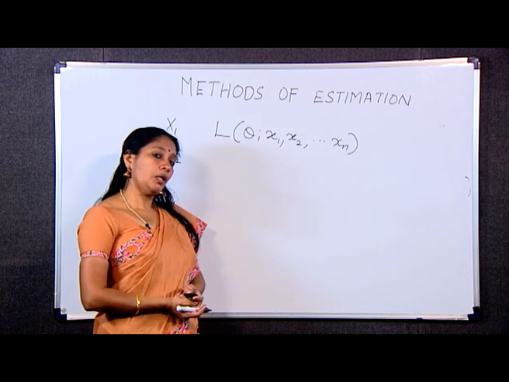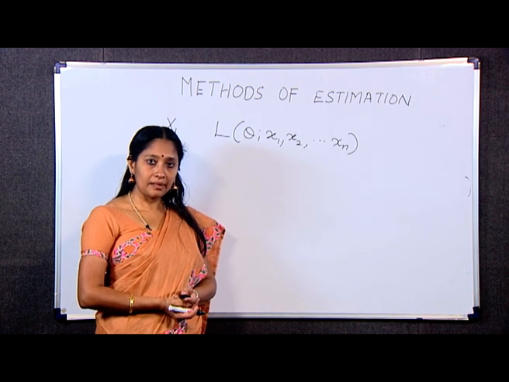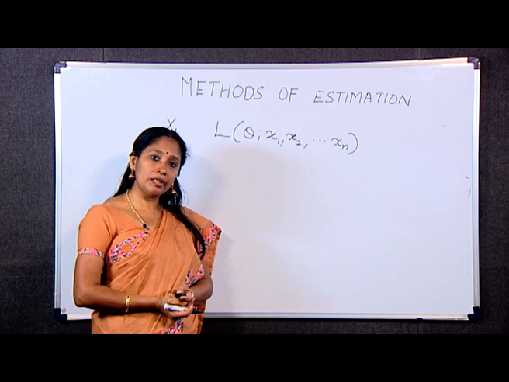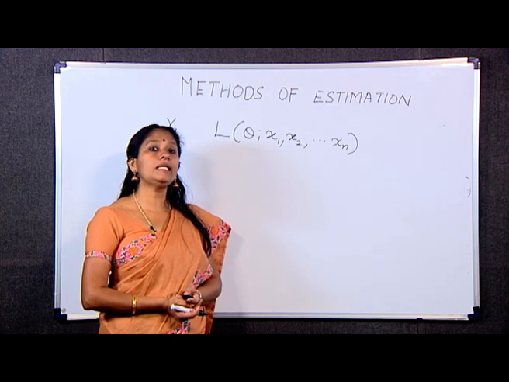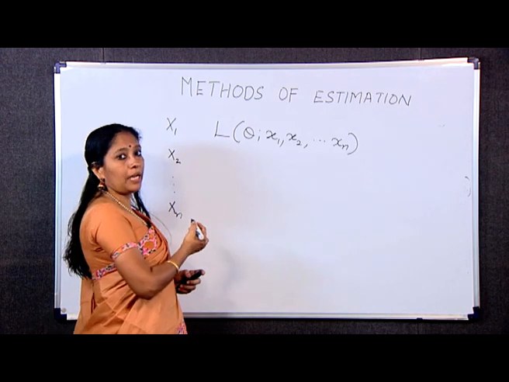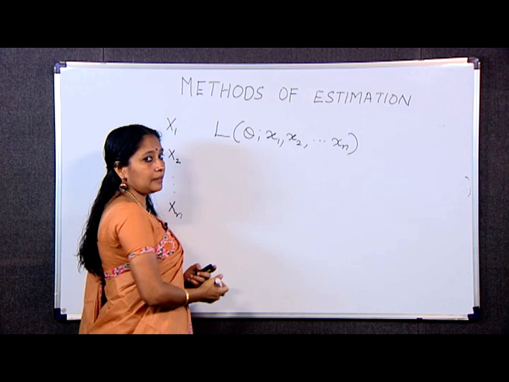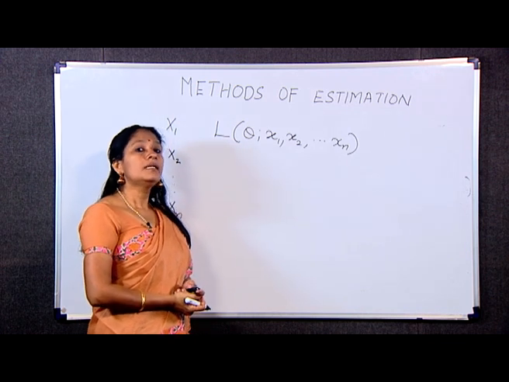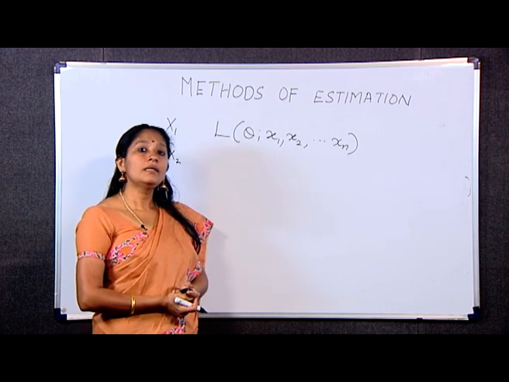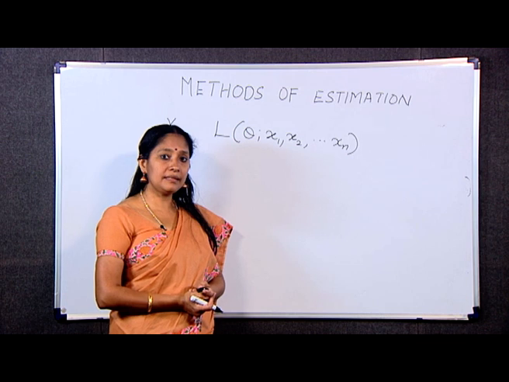It can be a function of more than one parameter. So, we need the partial derivatives, first order partial derivatives and second order partial derivatives. Suppose we have to find out the maximum of the likelihood function at the point theta. That means, we have to find out the maximum likelihood estimator of the parameter theta.